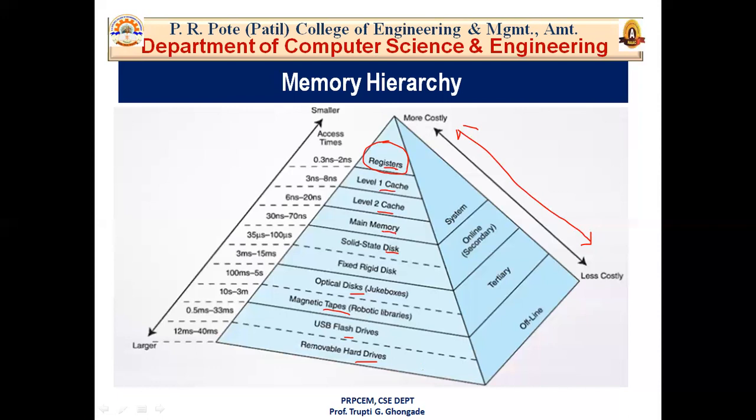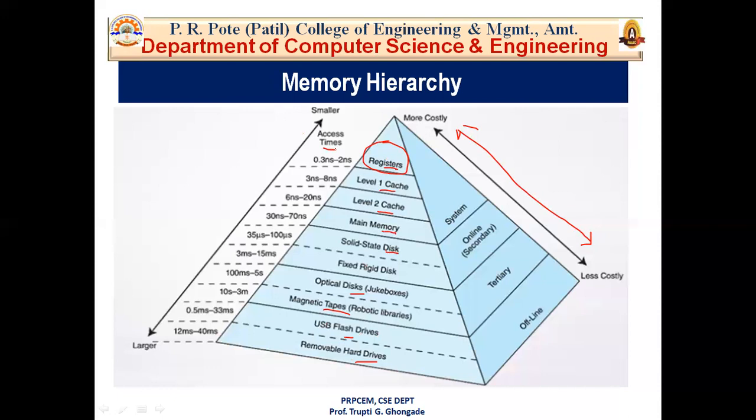That means the cost of removable hard drives and USB flash drives, pen drives, is not as expensive as main memory, cache memory, and registers. Then the next factor is the accessing time.